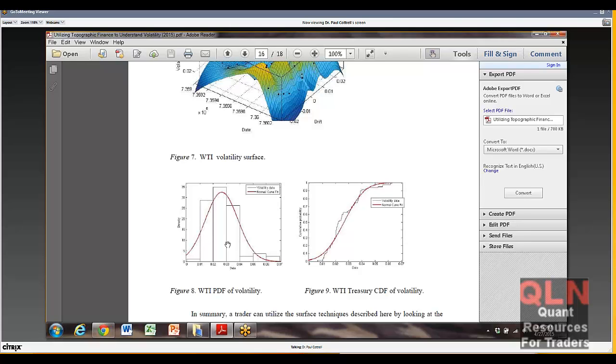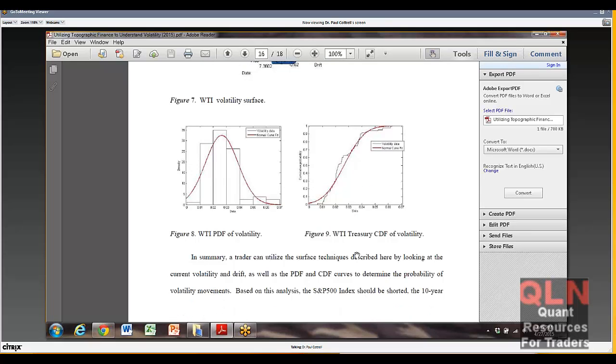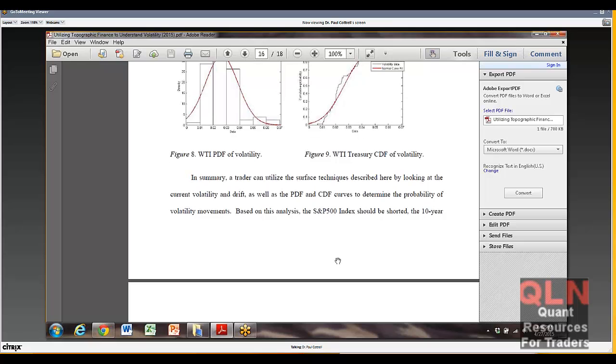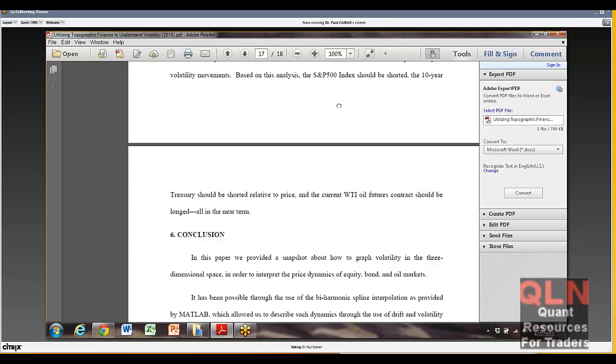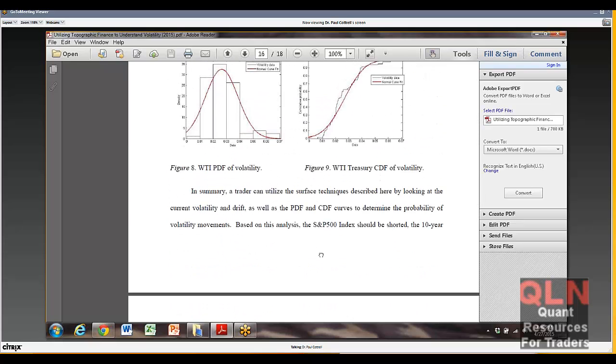But if it stays in a normal distributed curve fitting for these different moving windows for these surfaces, then volatility is most likely going to start increasing. And if that's the case, then there might be some ups and downs in the oil market. So that's basically how you interpret the surfaces.